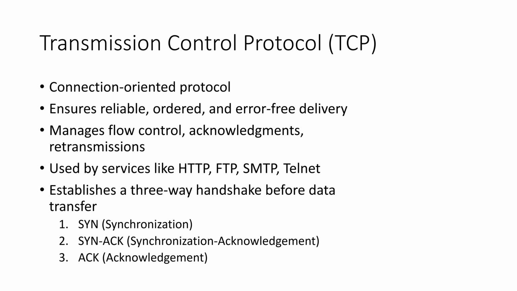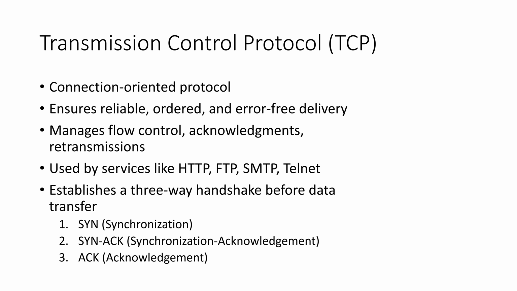TCP provides reliable data transfer by guaranteeing that all packets arrive at their destination in order and without errors. If a packet is lost or corrupted, TCP automatically retransmits it. It also uses acknowledgements to confirm receipt of data and employs flow control mechanisms to prevent overwhelming slower devices or networks.